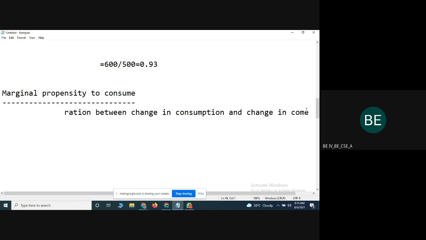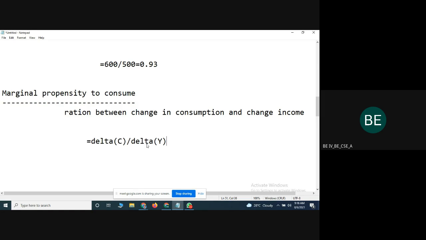It can be denoted as delta C divided by delta Y, the ratio between change in consumption and change in income. C is consumption, Y is income.